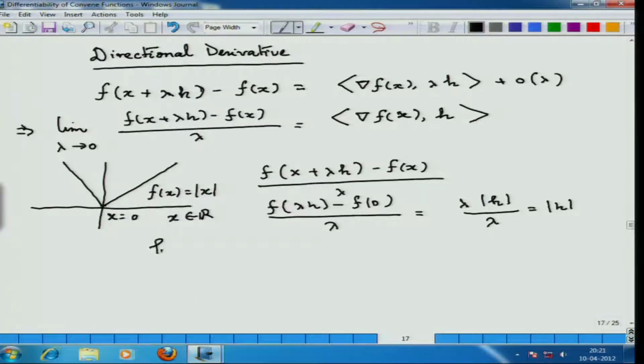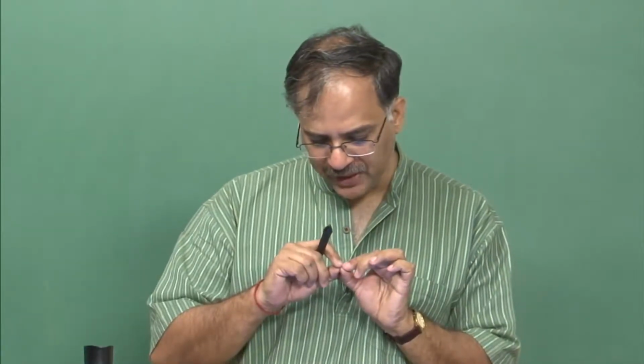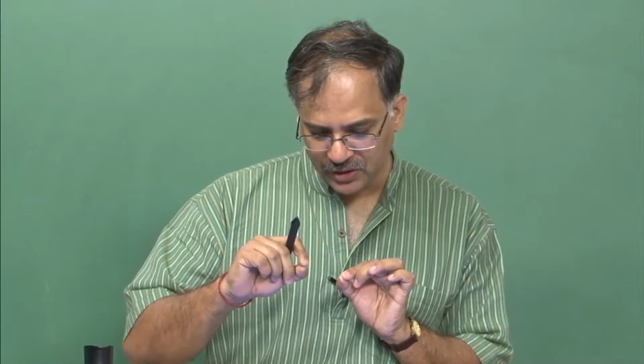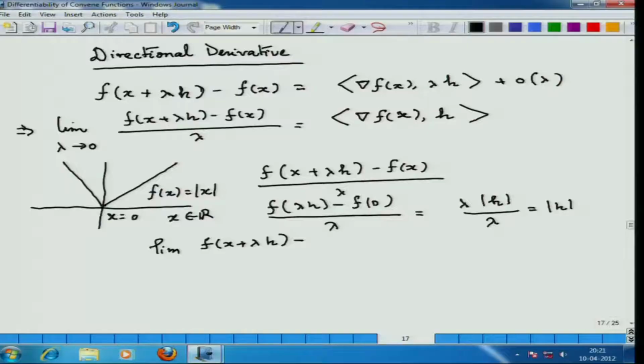So what I have done is make an increment along a given direction h, along a given vector h. I have moved from x a little bit along a vector h. This sort of derivative is usually called the directional derivative. Now, if the function is differentiable, then the directional derivative, as you can see from the Taylor's expansion, is equal to the inner product of the gradient and the direction.